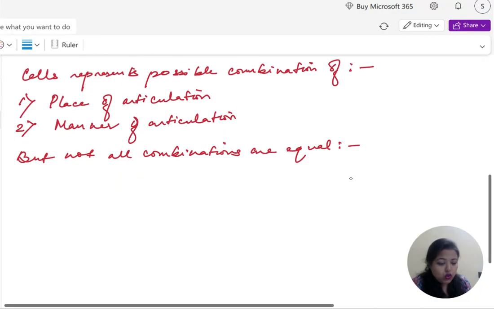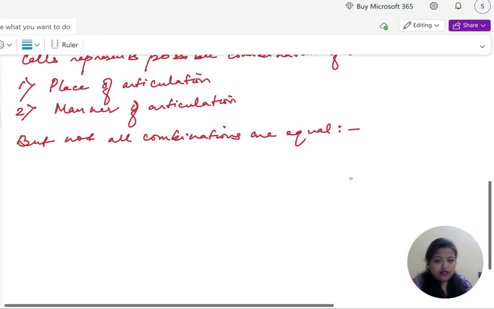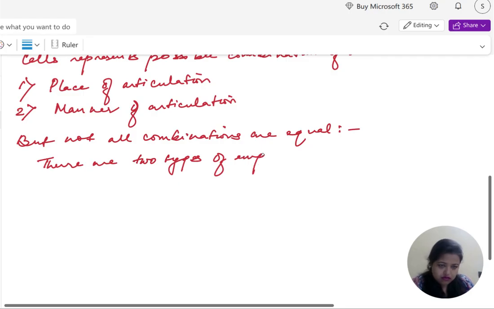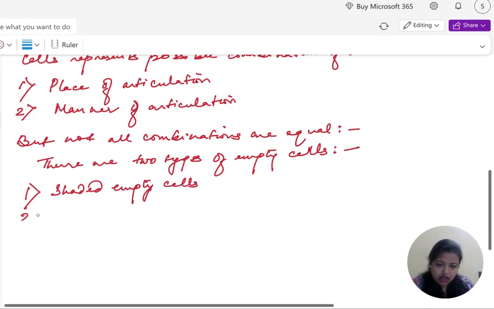And there are two types of empty cells. One is shaded empty cells, and number 2 is non-shaded empty cells.